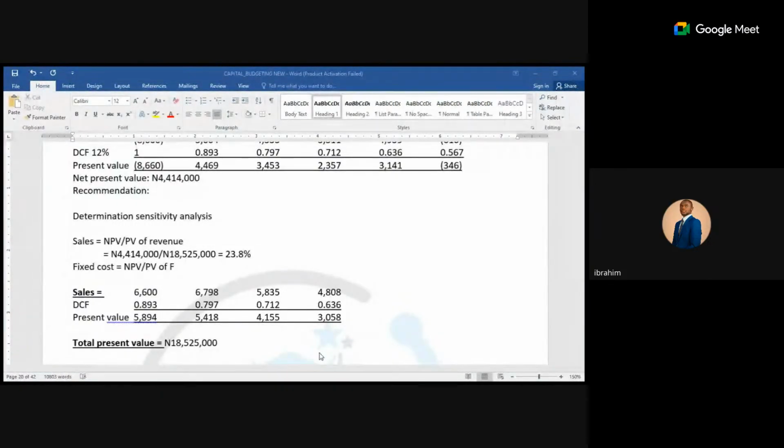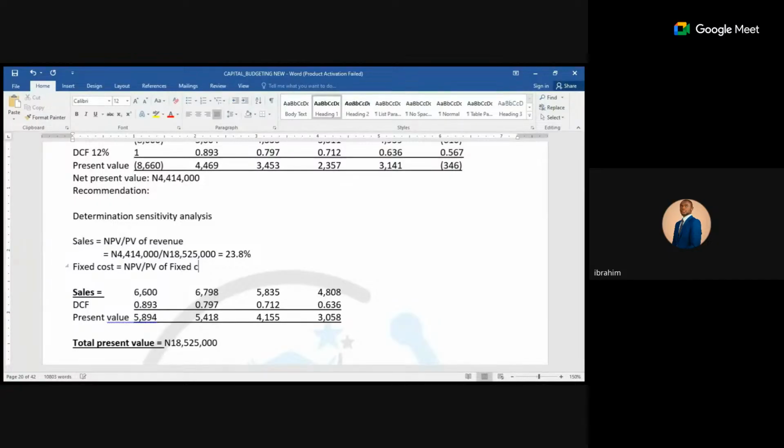Do your annuity from year 1 to 4, then multiply it by the total sales from year 1 to 4, and you have your present value of revenue. That's very good. That is the method I will use for this part.